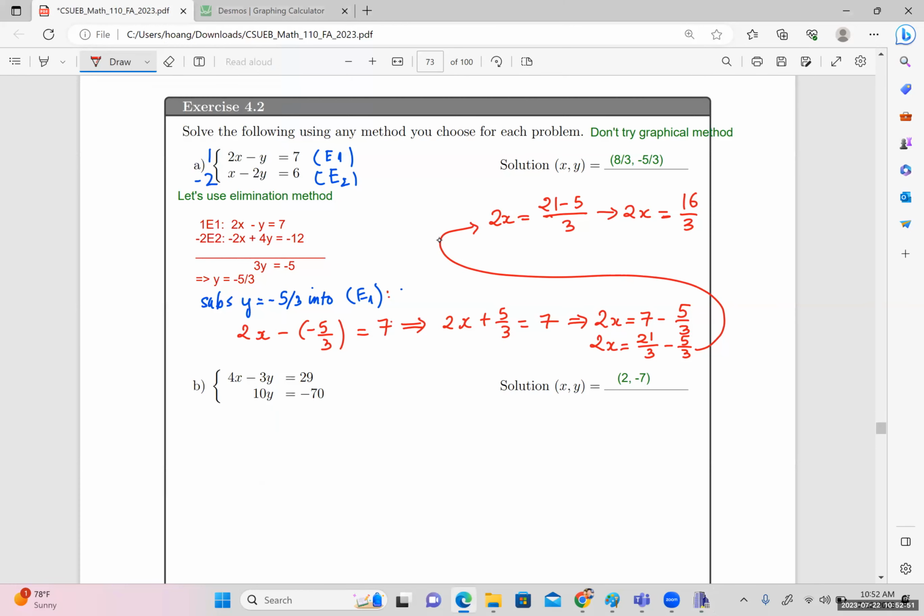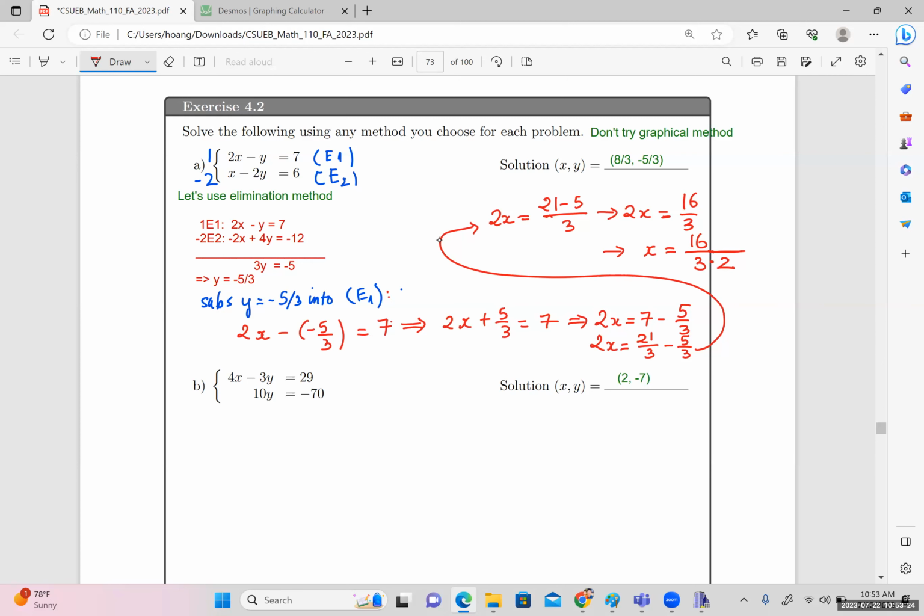Okay, so after that, we have 2x equal to 16/3. Oh, sorry. You're going to have x equal to 16/3 divided by 2, right? Or you can just put the 2 in here.